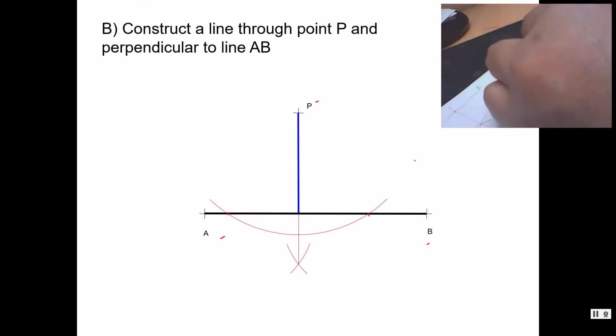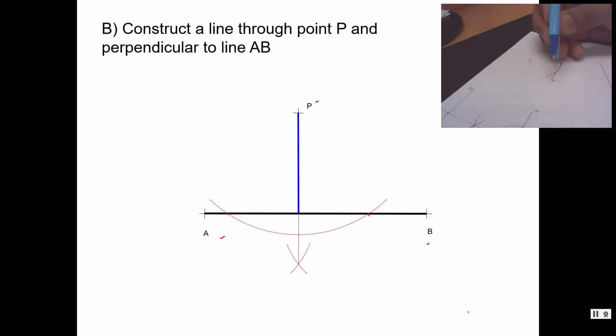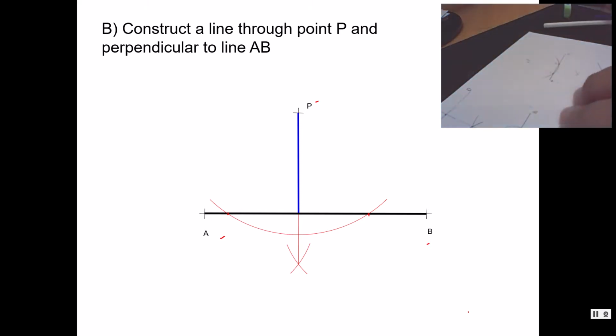Sorry again, my compass moved. Okay, so we have point C and point D. So point C, circle, circle. So we are going to get this point here.